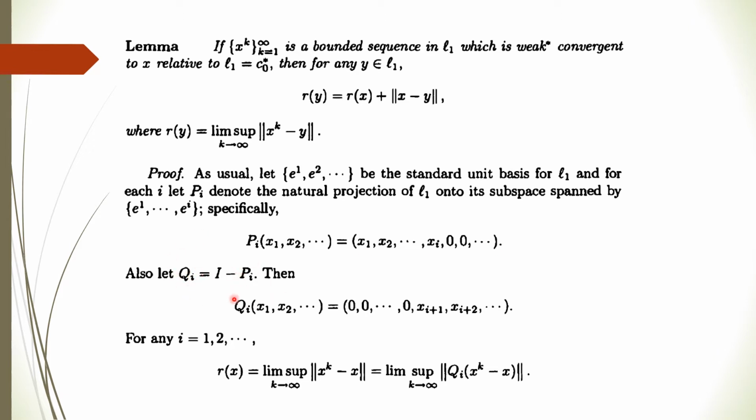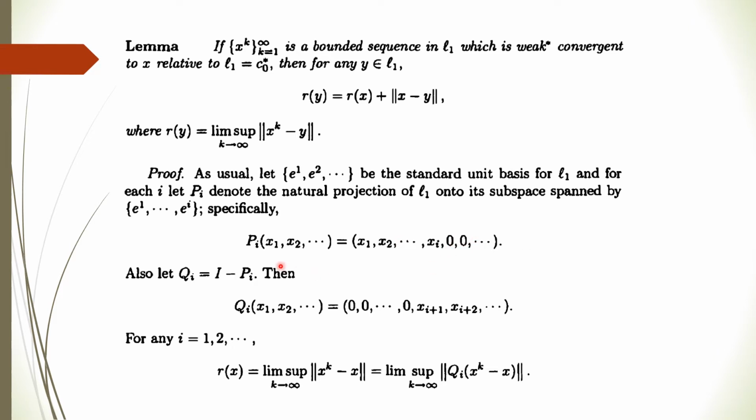So Qi of x1, x2 and so on means all coordinates before xi plus 1 are 0, and the tail is the same.